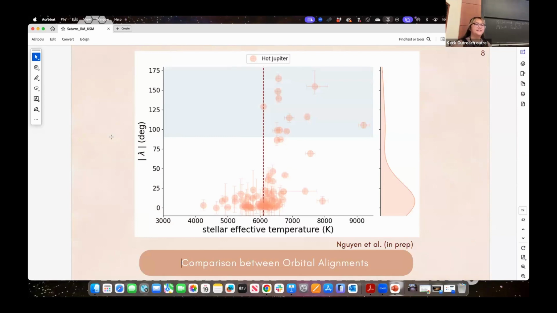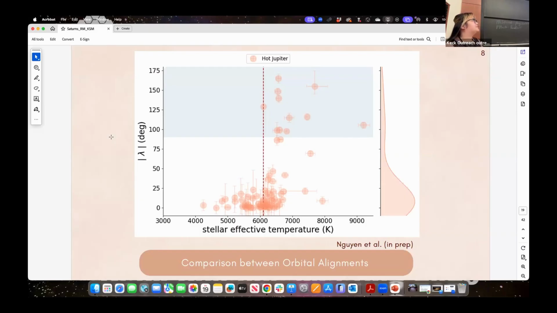And so I plotted here all known measurements for hot Jupiters around hot stars. On the x-axis is the stellar effective temperature, and on the y-axis is lambda. On the right side here is the distribution of hot Jupiters. The gray area you see on top refers to a planet on a retrograde orbit.